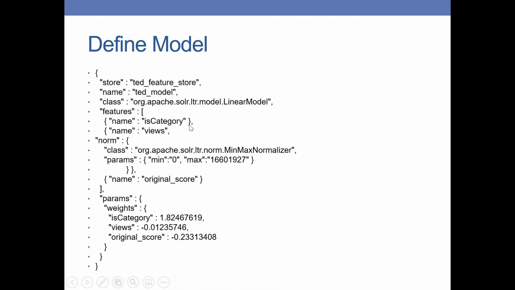Here is the category feature, then views, for which I'm applying a min max normalizer. I have to mention the minimum value and the maximum value. And finally, original score as the last feature.